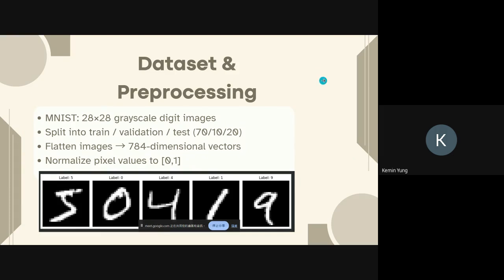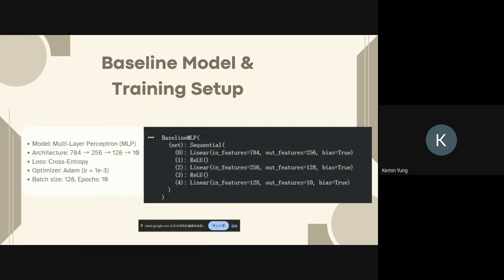So finally, I split the data into training, validation, and test sets. The validation set is used for model selection, while the test set is only used for final evaluation. For the model, I use a simple multi-layer perceptron.